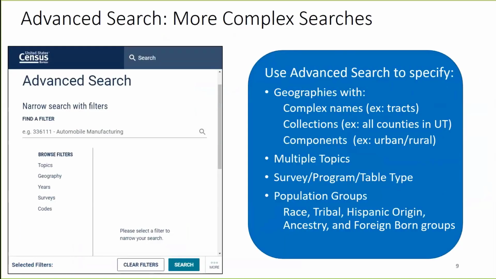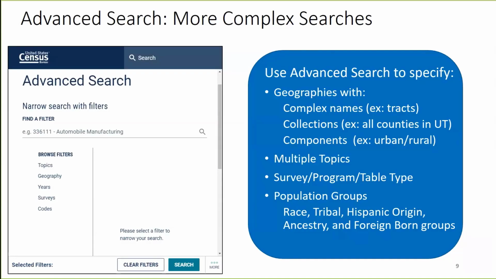So advanced search is definitely for more complex searches. If you're looking for complex named geographies like tracts, or collections of geographies like all tracts in a county, those kinds of things, components, the urban rural, all of those things, including multiple topics, surveys or programs.